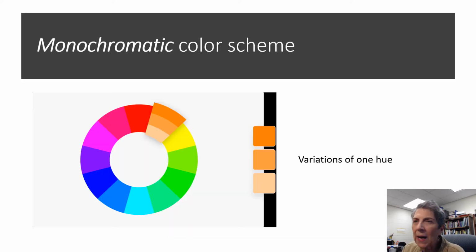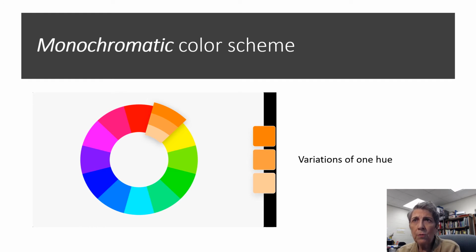Now, what I did is there's a link, and I have it in this PowerPoint that I added to the module, and you can click on a color, and then you can pick any, and it will create a color scheme when you pick the color scheme. So color schemes are important.